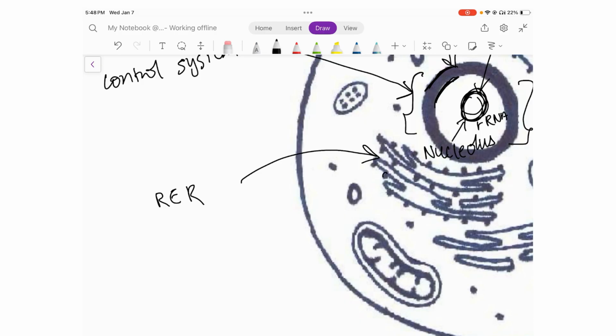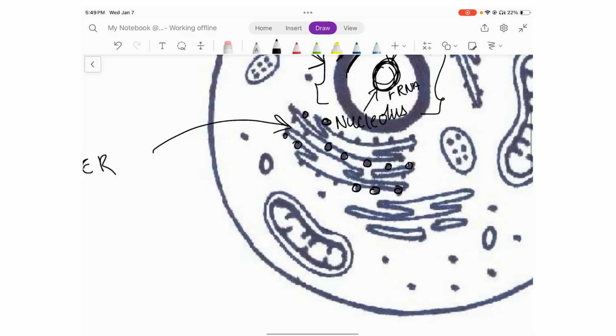So these little dots over here are what cause the quote unquote rough surface. Because we have ribosomes on the surface of the endoplasmic reticulum, the process it's primarily involved in is protein synthesis, and these proteins are then transported through the Golgi body.